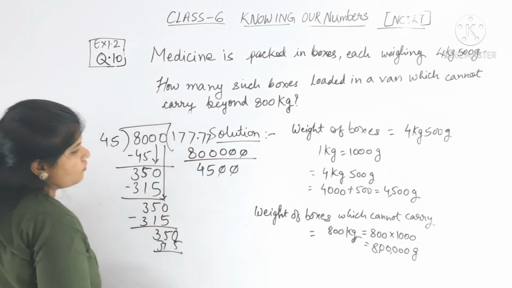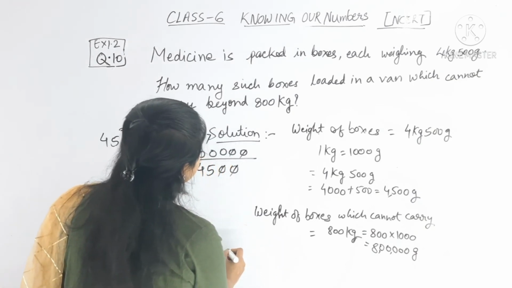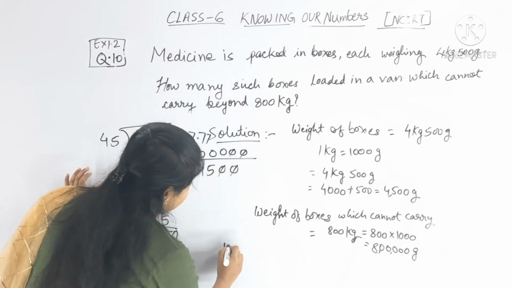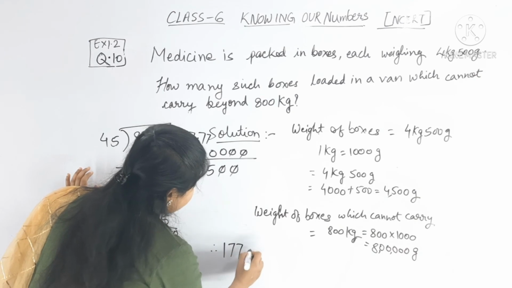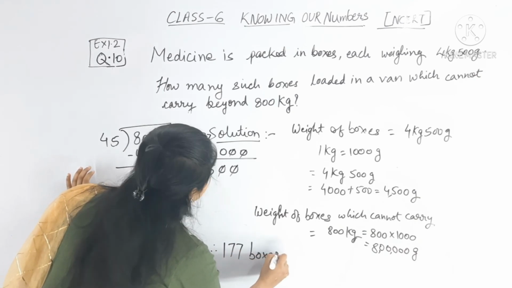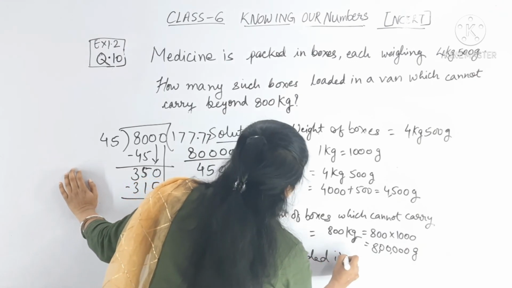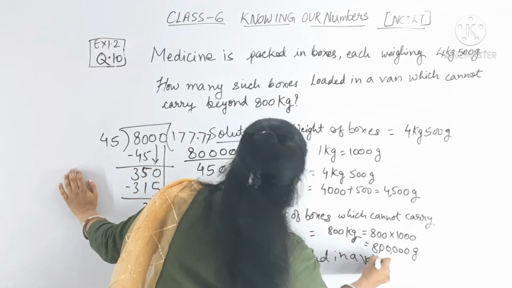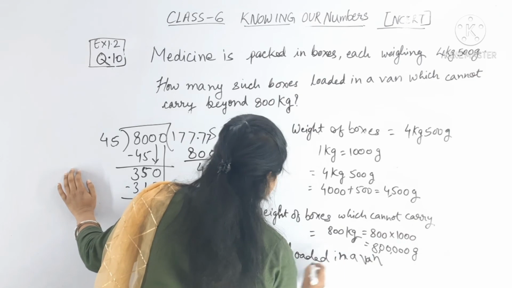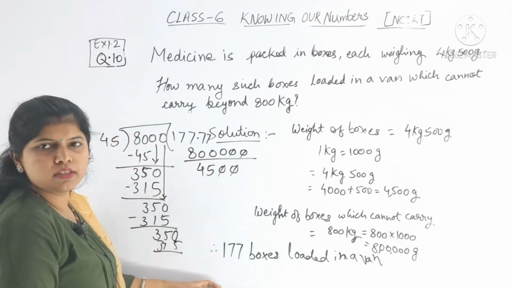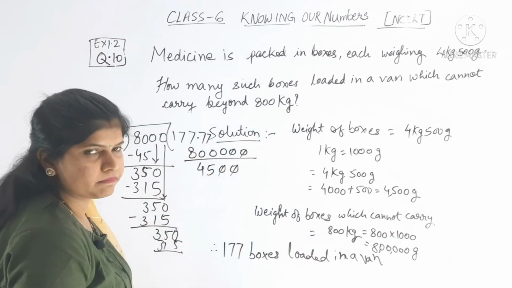So by round off I will get an approximate value. I will get 177 boxes loaded in a van. Okay, so this will be the answer of question number 10.